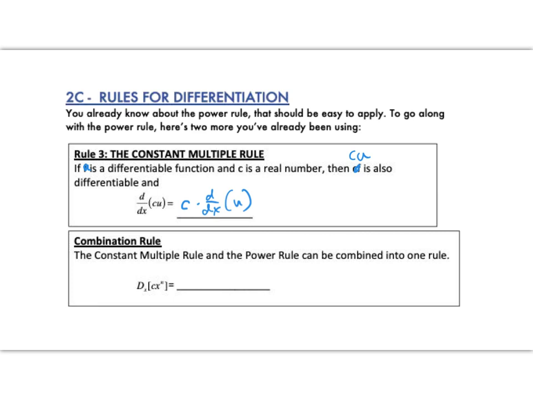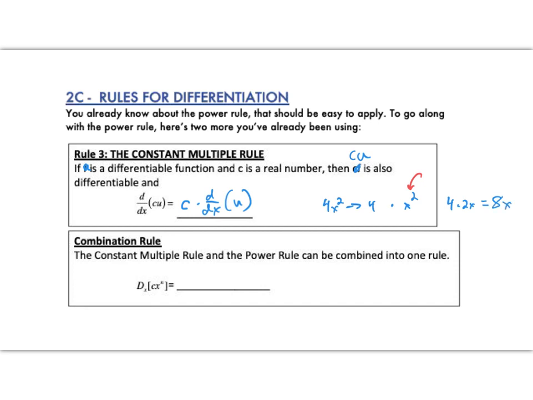Okay, so what does that mean here? Well, if I've got a function like 4x squared, I can pull the 4 off to the side, then deal with the derivative of this thing next, and then put it all back together again at the end.